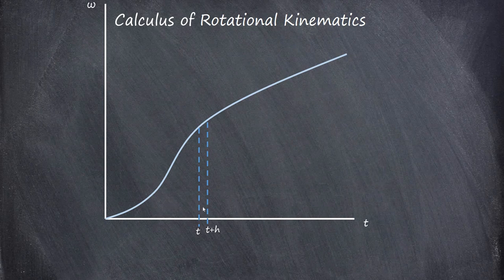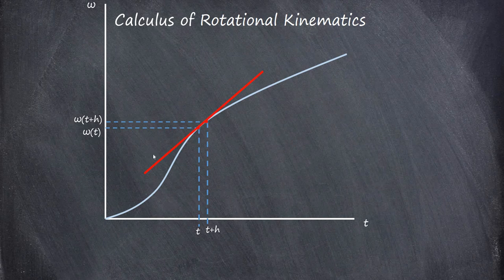And each of these times corresponds to their corresponding angular velocities. For time t, the corresponding angular velocity is omega as a function of t. And for t plus h, this is the corresponding angular velocity. Now we have 2 points, and now we can make a line.